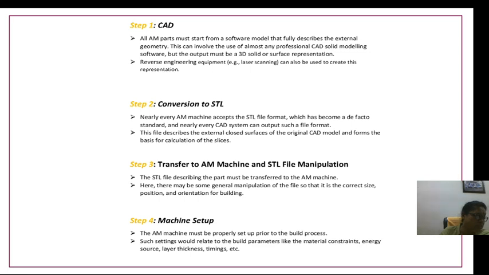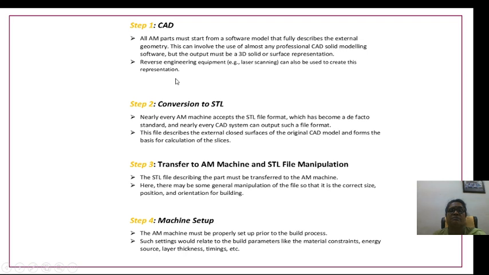That is the first step: all AM parts must start with a software model that fully describes the external geometry. This can involve almost any professional CAD modeling software that we are using.